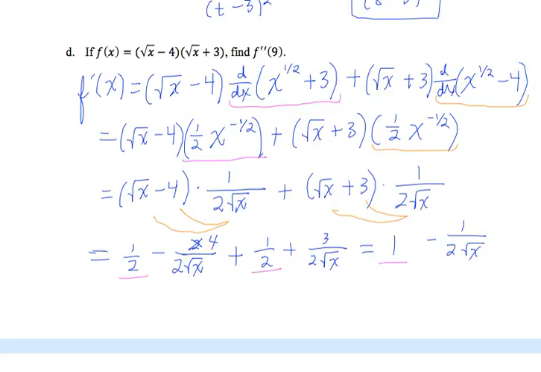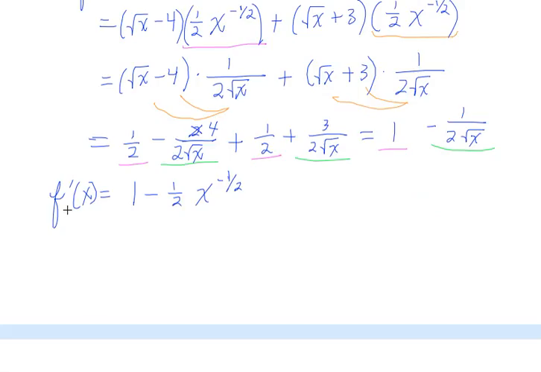So that term and that term combined to give me that term. Okay, and I'm going to rewrite that as negative 1/2 x to the negative 1/2, because that's going to be easier to differentiate for the second time. So that's the first derivative.